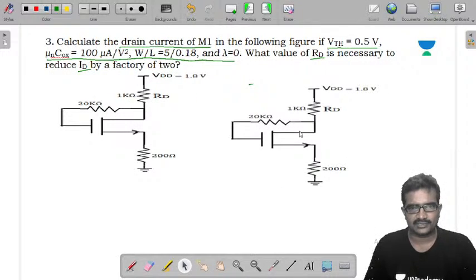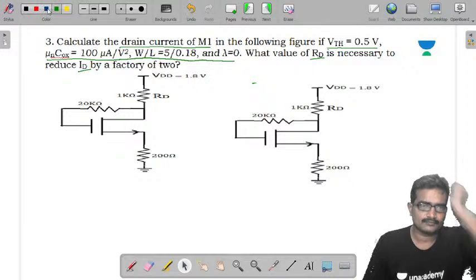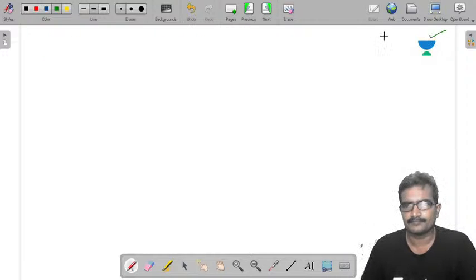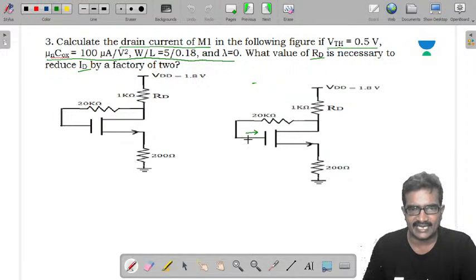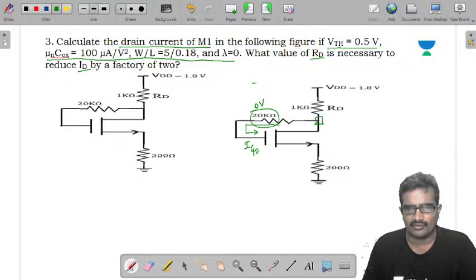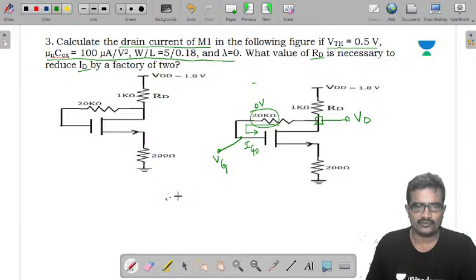So the same circuit. We know that this is the gate current, IG is 0. So once IG is 0, the drop across this resistor is 0 volts. Once it is 0 volts, whatever the voltage, here we have drain voltage VD and this is the gate voltage VG. Therefore VG is equal to VD.